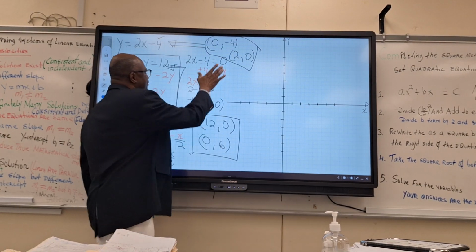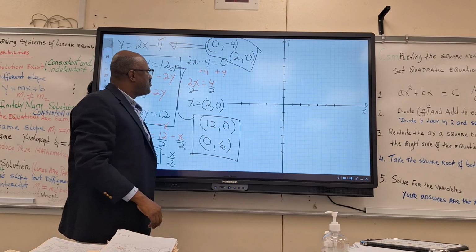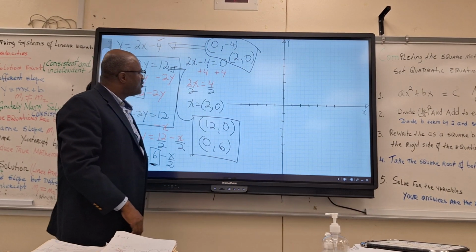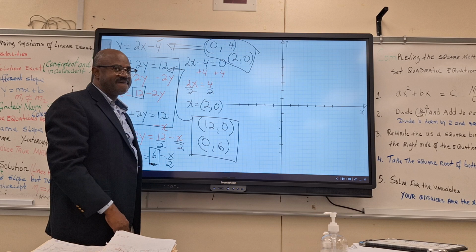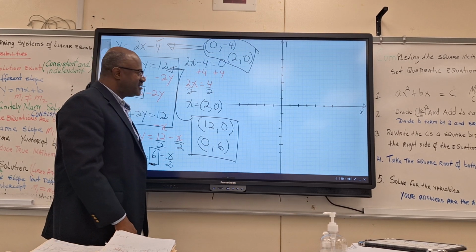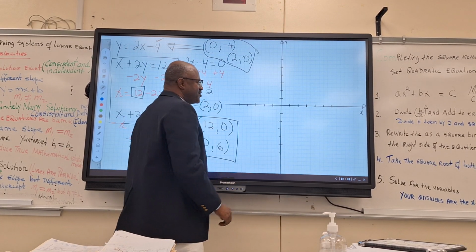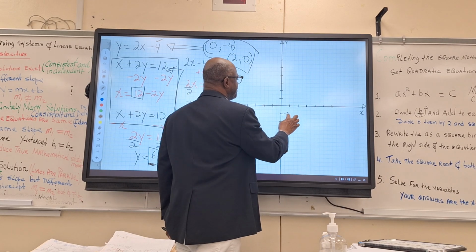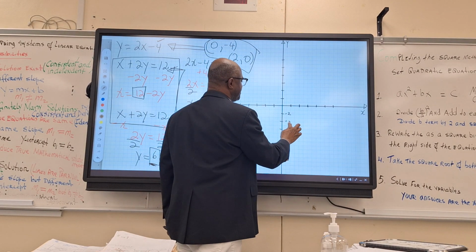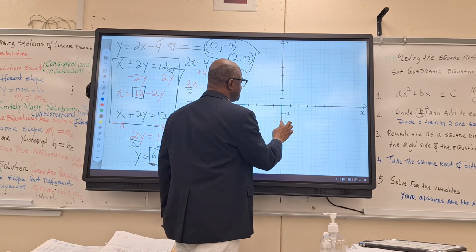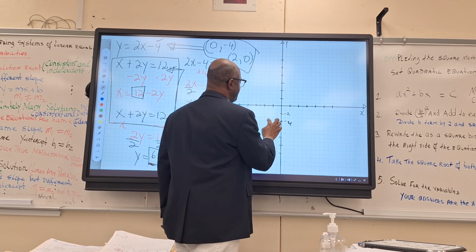0, negative 4. How will you plot 0, negative 4? Down how many units? 4 units. That was negative 2, negative 4. That would be 0, negative 4.